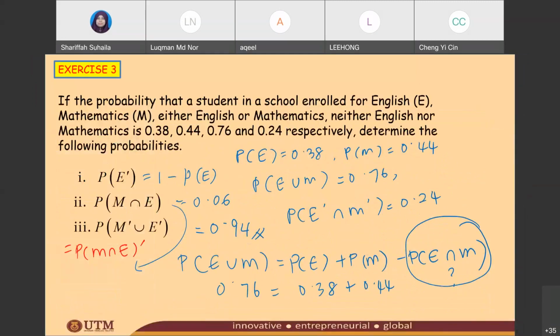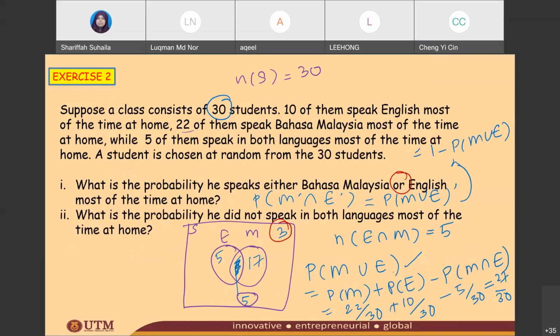Okay, so again this one is the same as before. From the words, because in statistics the question is in the form of sentences, you need to extract the information.